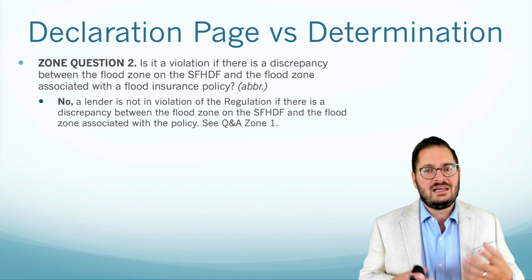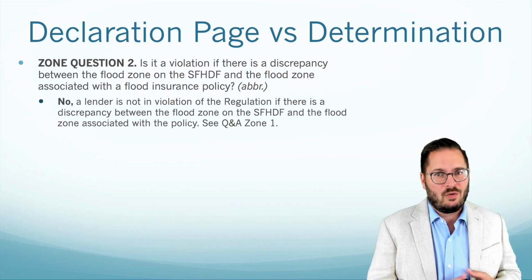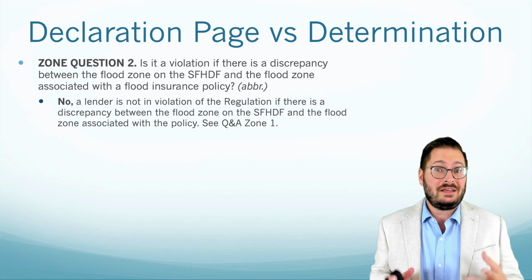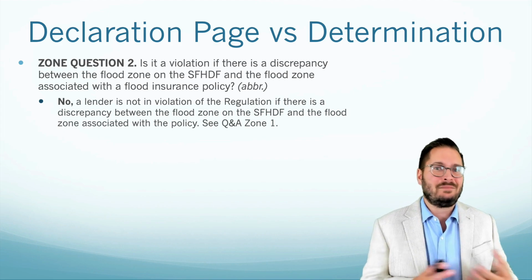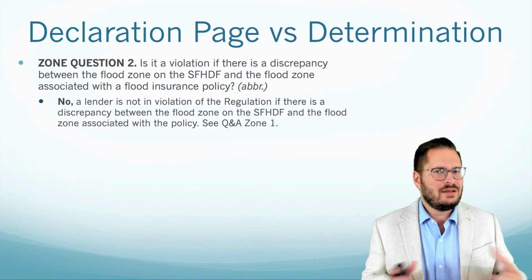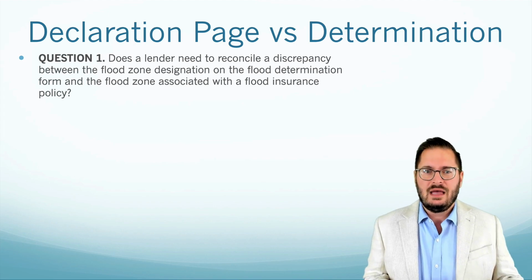But also see zone answer number 1. So what they're telling us is it's not a violation. It is no longer a violation. That's something that actually changed with FEMA 2.0. And let's go to zone question 1 to explain this.